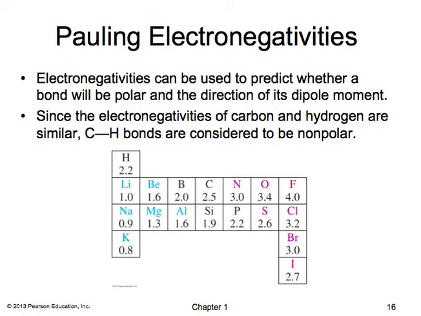Since the electronegativities of carbon and hydrogen are similar, CH bonds are usually considered to be nonpolar. And so you can see that hydrogen, boron, carbon, silicon, and phosphorus are neutral. However, all the blue ones represent the partial positive, and all the red or pink ones represent those that are going to be negative.